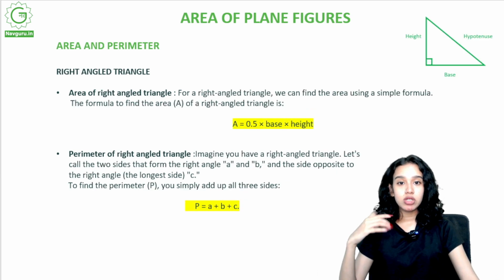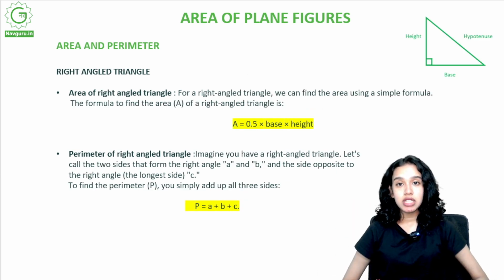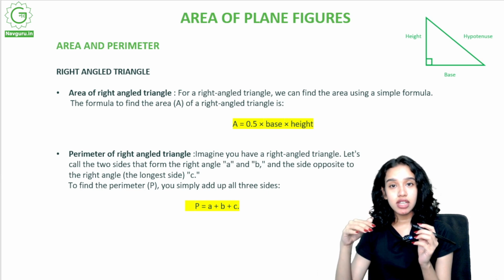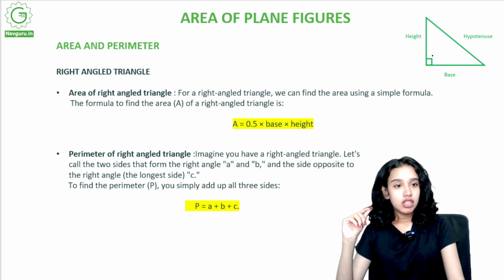Now, let's move on to the next type of triangle. Another special kind of triangle we have studied is the right angle triangle. So, what are right angle triangles? Right angle triangles are triangles which have at least one angle to be 90 degrees, right? So, this angle is 90 degrees. So, we have base, height and hypotenuse.